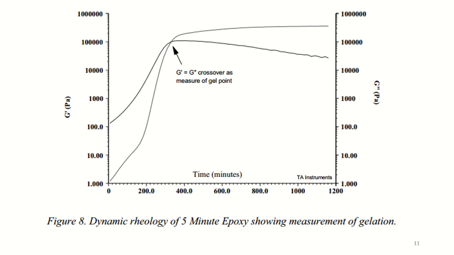As mentioned earlier, a better measurement is the point where tan δ becomes frequency independent, which is usually close to but not necessarily equal to 1.